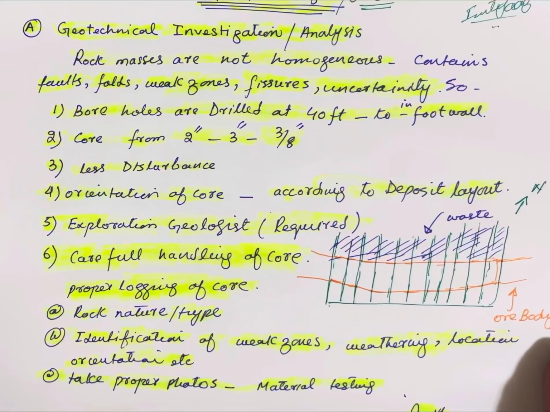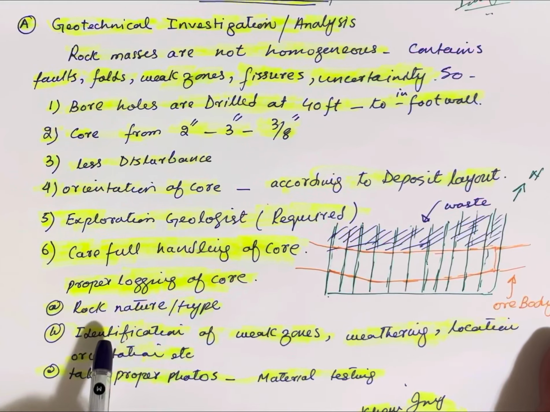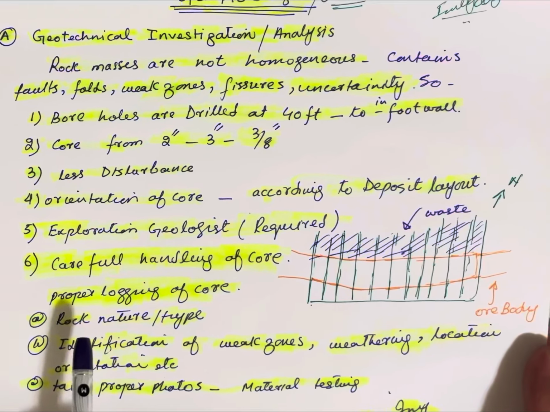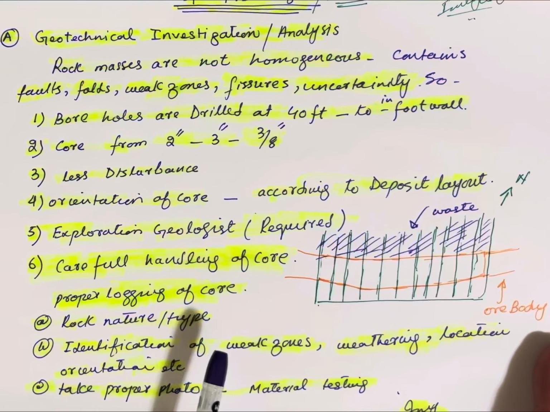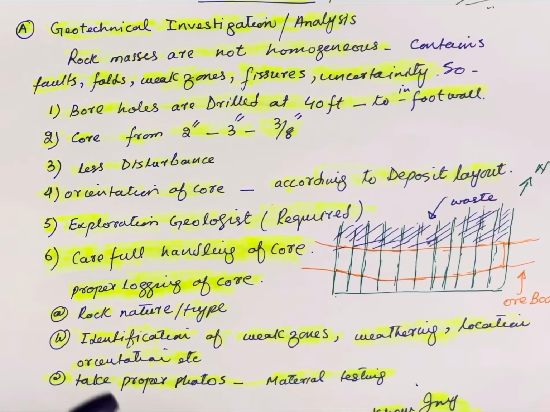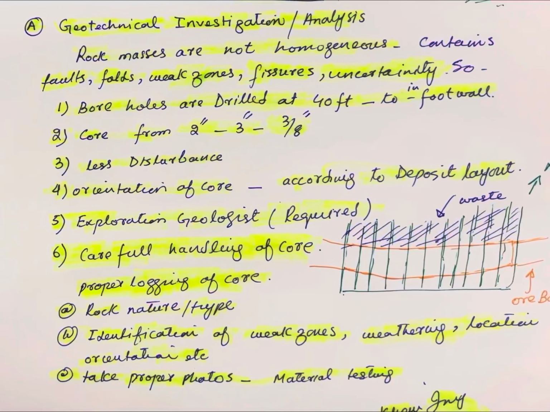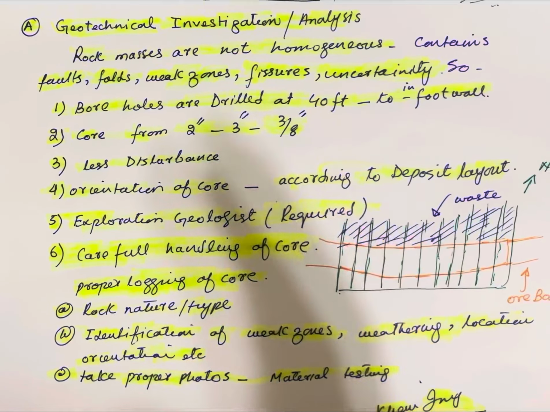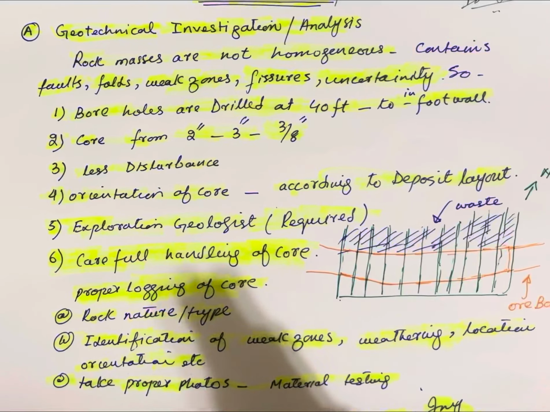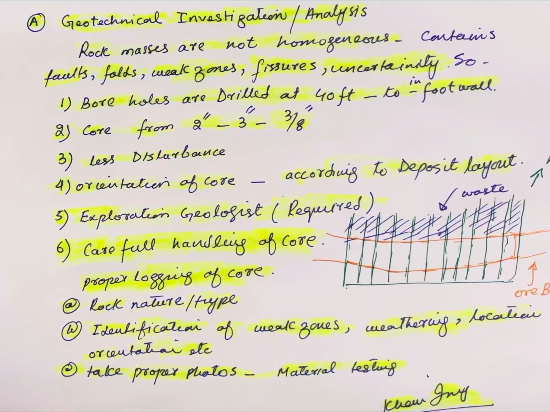After that, proper logging of the core. The geologists determine the type and nature of the rock from the core analysis. Let's say there are 20 or 30 holes. The cores are collected from the waste, the ore body and other areas, and then they are correlated. That is the zoning.